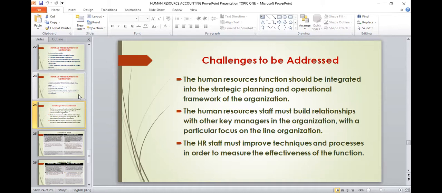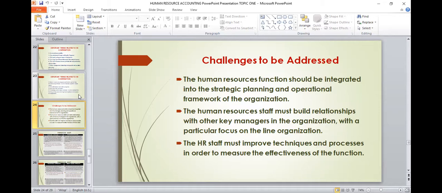So human resources must build relationships with other team managers in the organization. And in particular, we are stressing, you must build a relationship with the line managers. Why must we? Because remember, it is the line managers who are always in direct contact with the employees. If it's a matter of knowing how employees feel, a matter of knowing the potential of each and every employee, then they are the people who are in a better position to explain it to us.